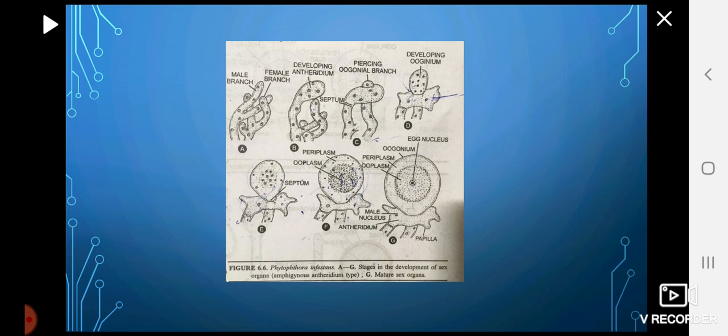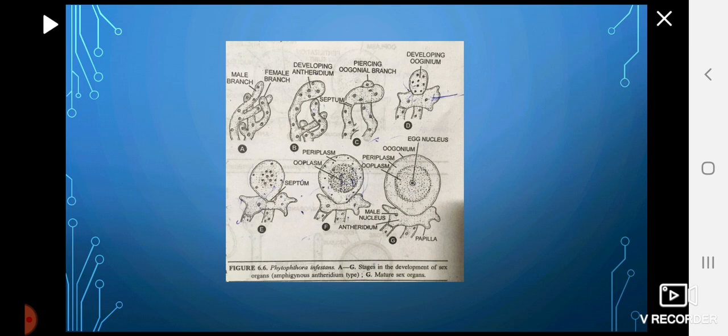It emerges out on the other side, and the antheridium becomes irregular shaped, and to sustain the pressure it develops papillae.